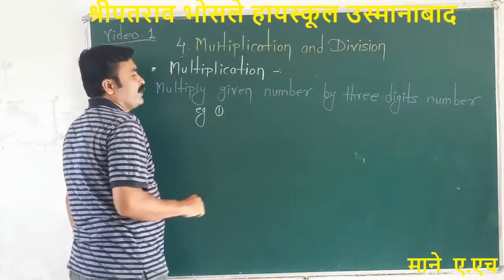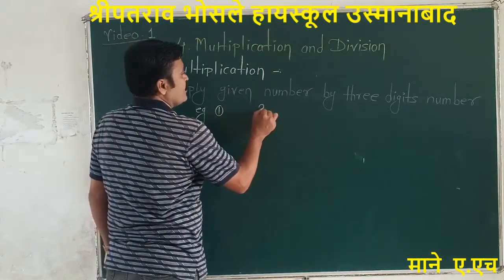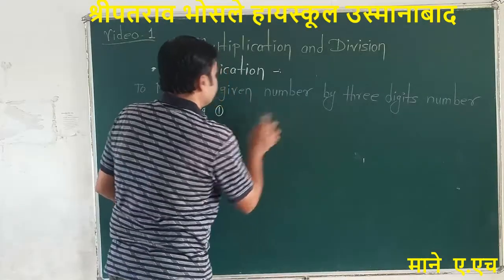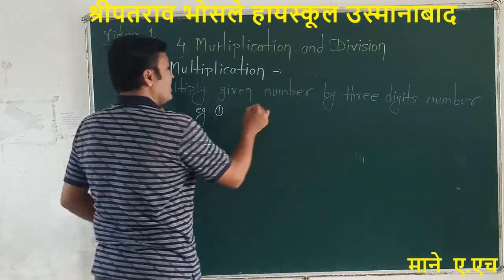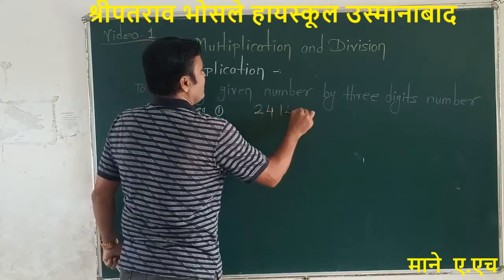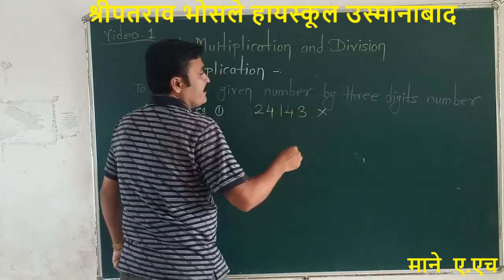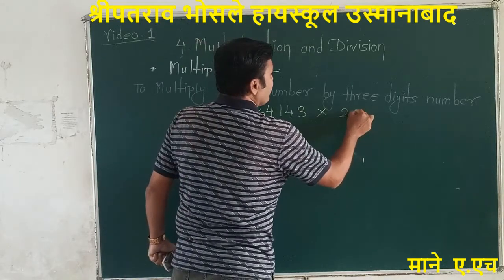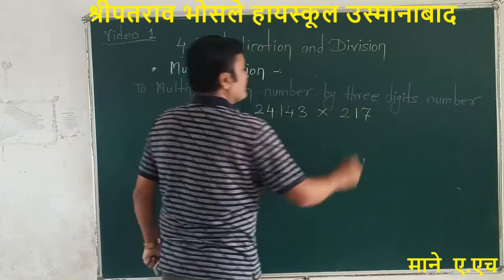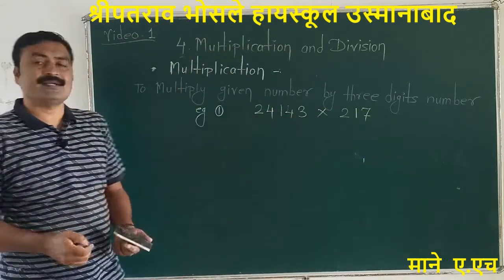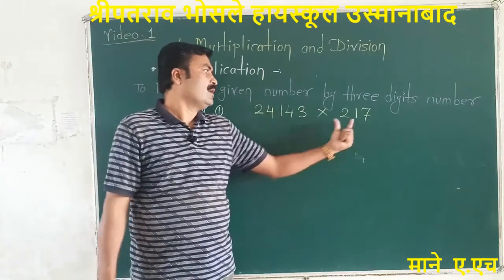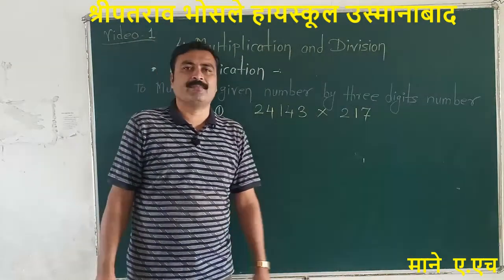The example is quite bigger now. That is 24,143. It is multiplied by 217. So the number 217, the second number in this multiplication, is a 3-digit number.